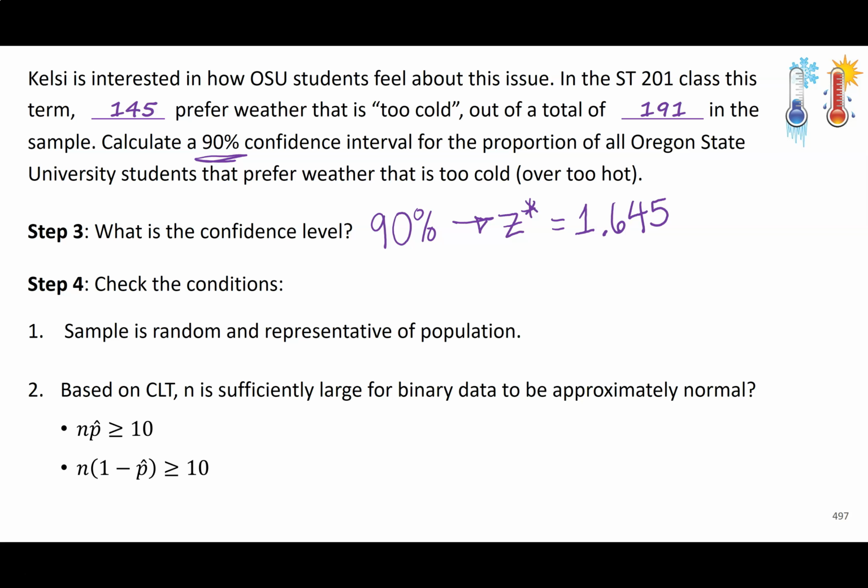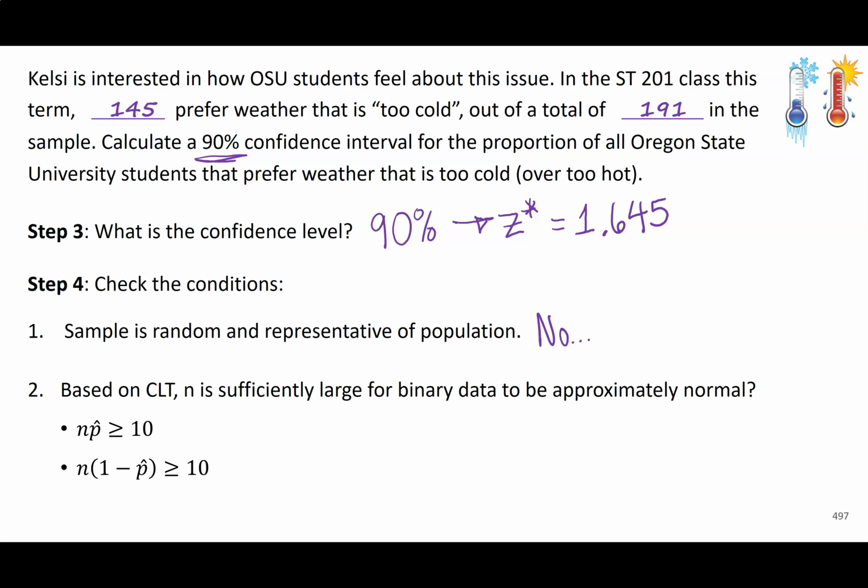So then we need to check our conditions. Did we take a random representative sample here? Can I say, hey, these students definitely represent all OSU students? Ideally, yes, but I did not. I took absolutely a convenience sample. I had a number of ST201 students right there, and that's who I surveyed.